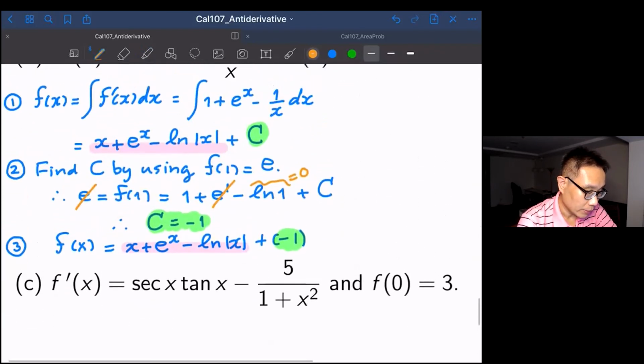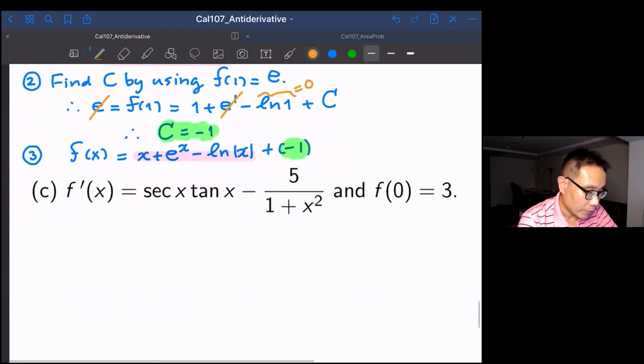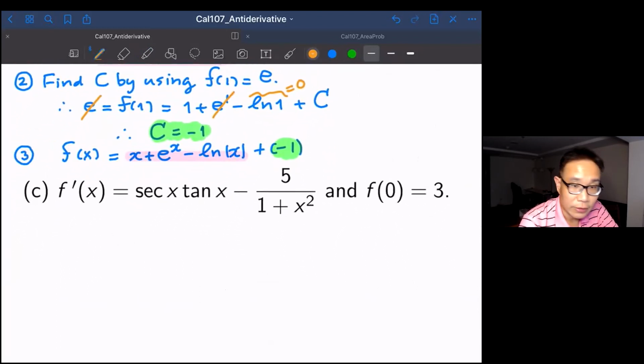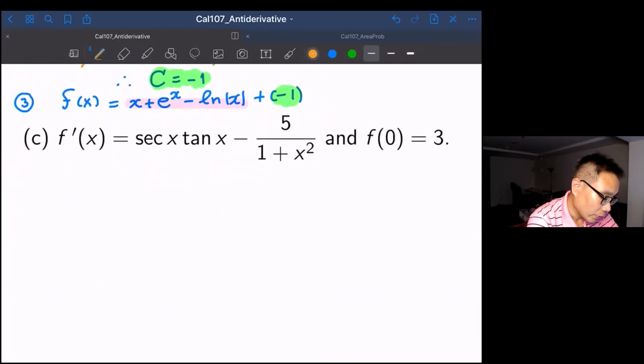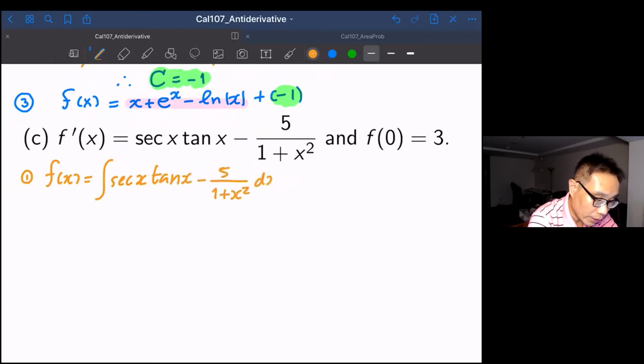The next one, you have f prime x equal to sec x tan x minus 5 over 1 plus x squared, and you have f of 0 equal to 3. So step 1, you integrate. f of x equals the integral of sec x tan x minus 5 over 1 plus x squared dx.